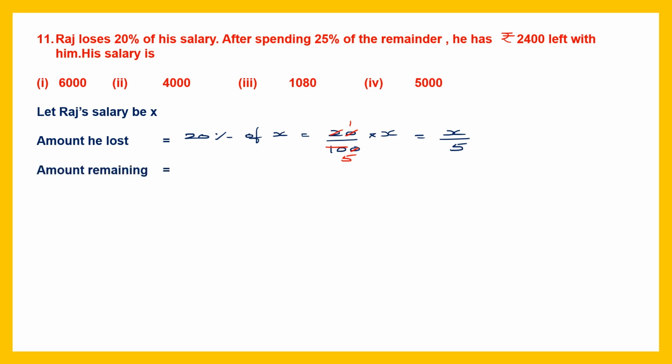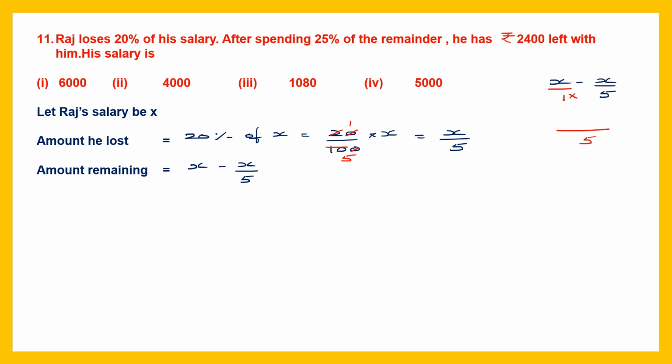Now the amount remaining. So that is salary minus the amount he lost, is the amount remaining. So now we have x minus x by 5. Now this also let's simplify. x minus x by 5. This will become a subtraction of fractions. The LCM is 5.